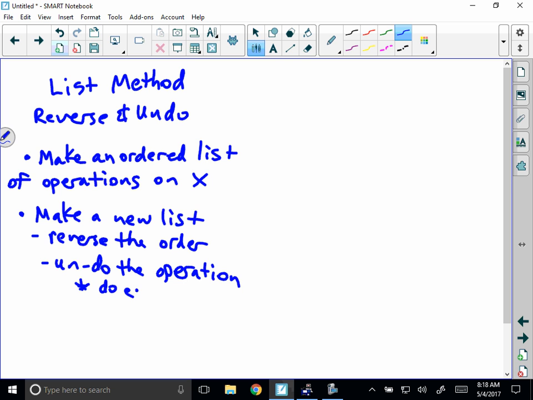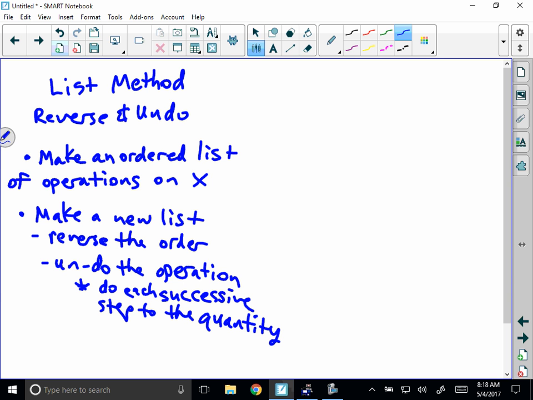Do each successive step to the quantity that's there. Whenever you go to do that next operation, you're going to have to do that operation on whatever quantity it is you're working with. You'll see what I mean in a minute. So that's this method that I like to call the reverse and undo method. You make an ordered list of operations that happened to X.